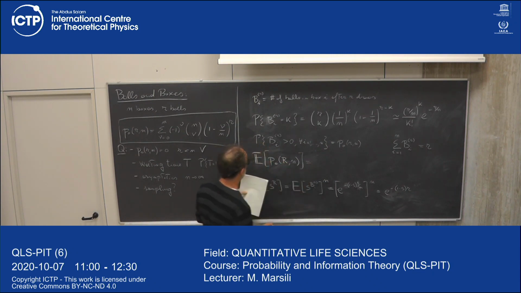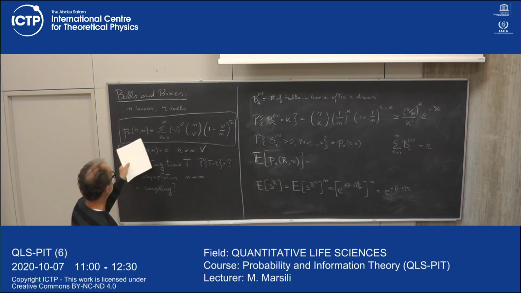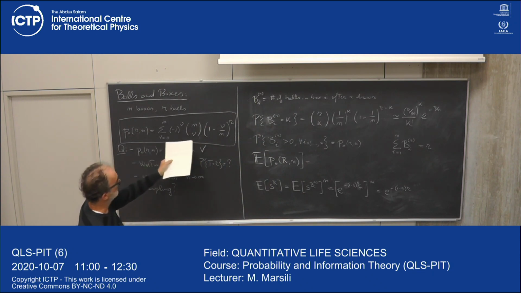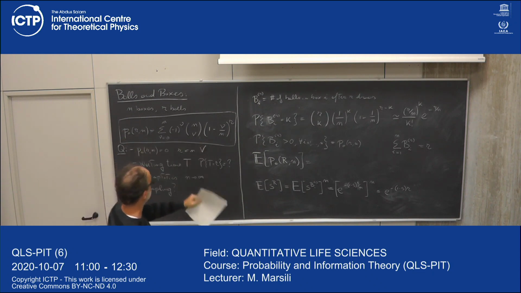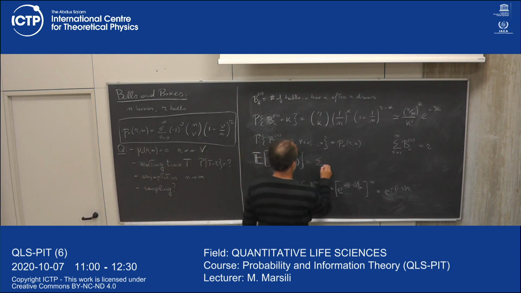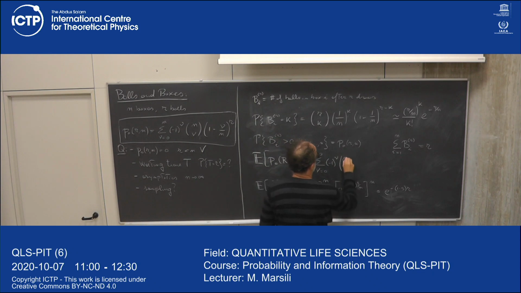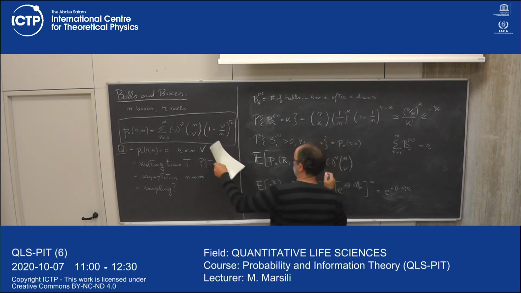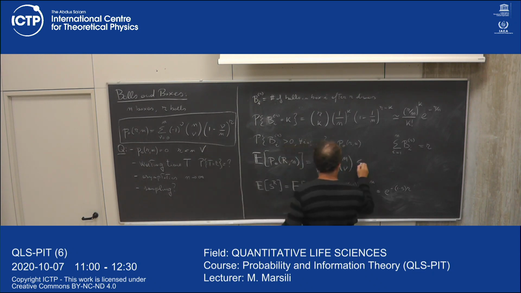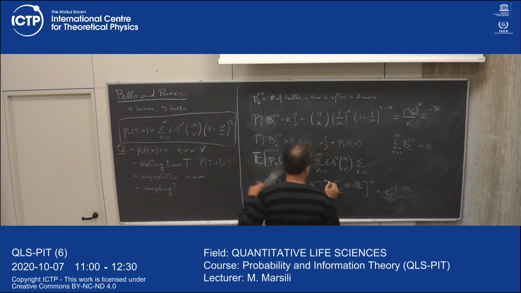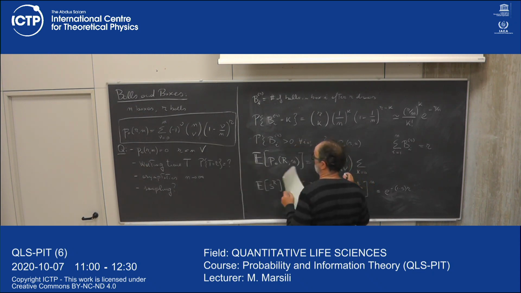Then we have to take this expression here and take the expected value on the Poisson distribution. So this is the sum over nu from 0 to infinity of (minus 1) to the nu, n choose nu, and then you have the expected value of this on the Poisson distribution.